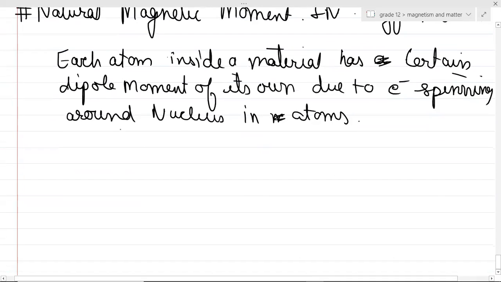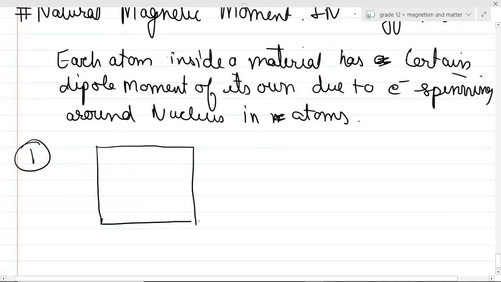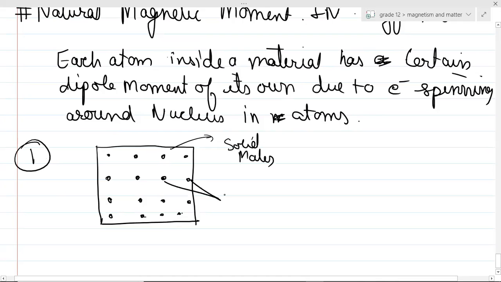So based on this dipole moment, there are various possibilities, right? The first possibility: suppose this is a block, and these are the atoms, can you see over here? Suppose this is any solid material and these are your atoms. Individually, it is not necessary that this dipole moment will always be there.